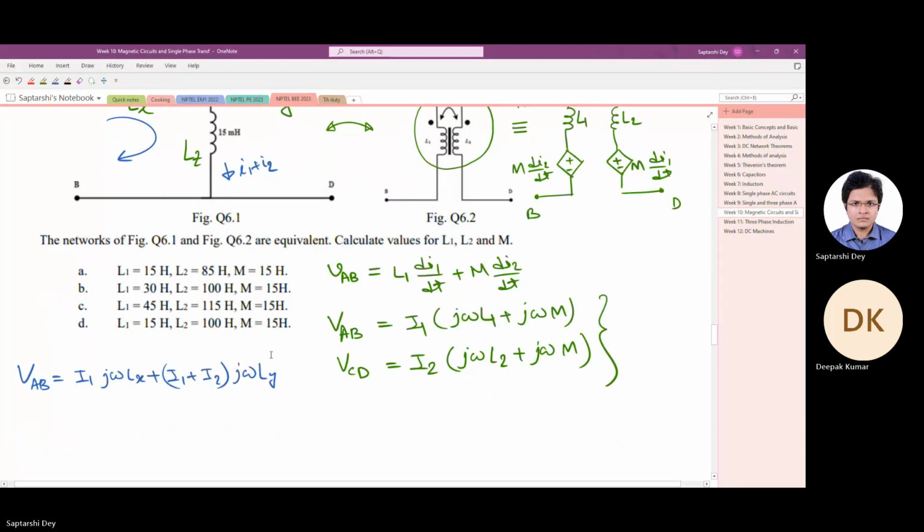Sorry, here was a mistake. This is I1 and that one is I2. Cannot take common here.